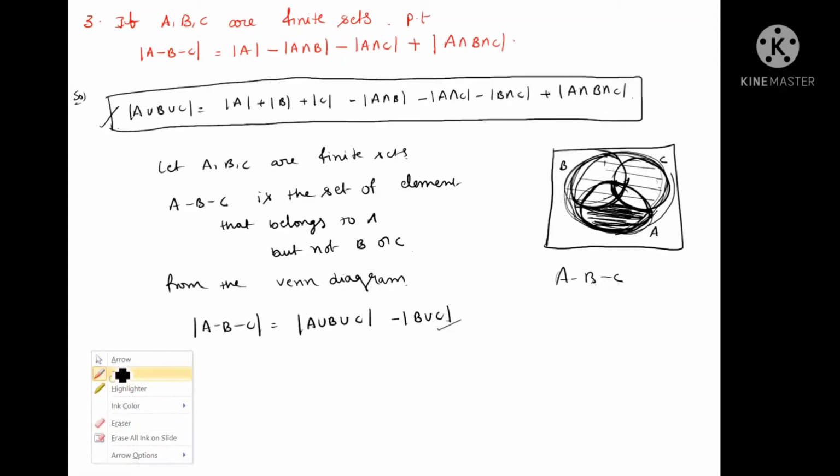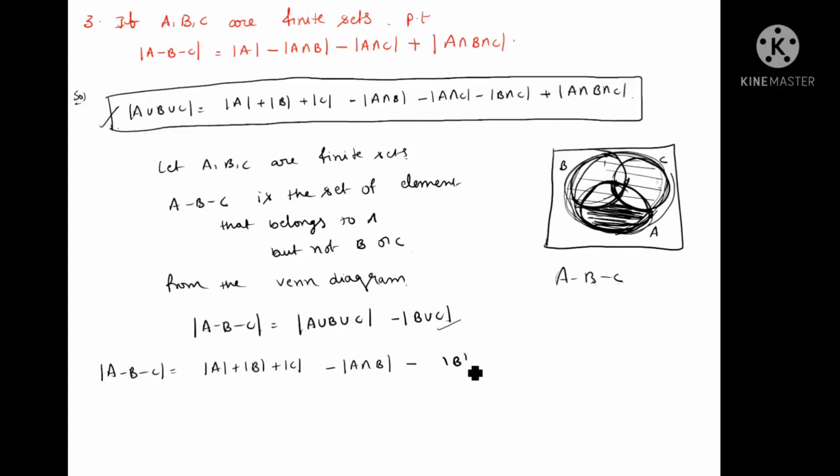So I am going to expand this. Mod A minus B minus C equals mod A plus mod B plus mod C minus mod A intersection B minus mod A intersection C minus mod B intersection C plus mod A intersection B intersection C. This is for A union B union C. Now next, minus of mod B union C, that is mod B plus mod C minus mod B intersection C. Minus into minus gives plus.